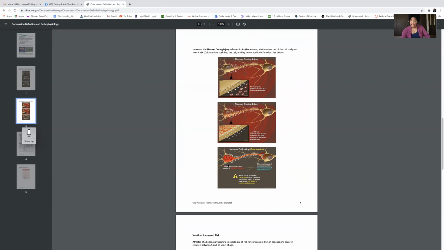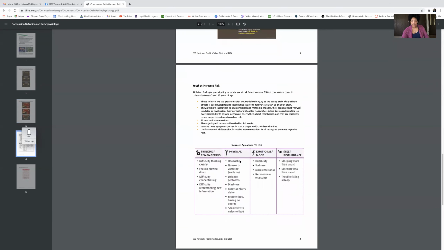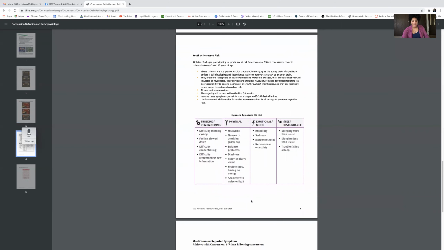And so because of that, because it's that kind of issue and not like, oh, you know, there's a leak in an artery or a leak in a vein in the brain going on, you're going to see different symptoms and the severities are going to vary. So that's why when you go and scroll down here, you notice you see symptoms that are related to thinking, remembering, balancing issues, dizziness, sensitivity, concentration issues, mood issues, because that part of the brain, those neurons, that's what helps our mood.